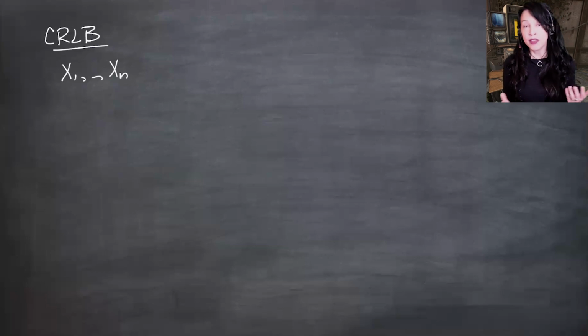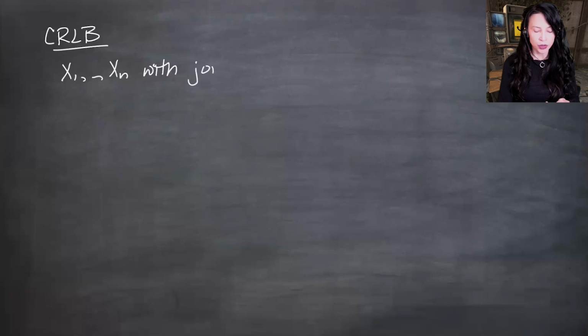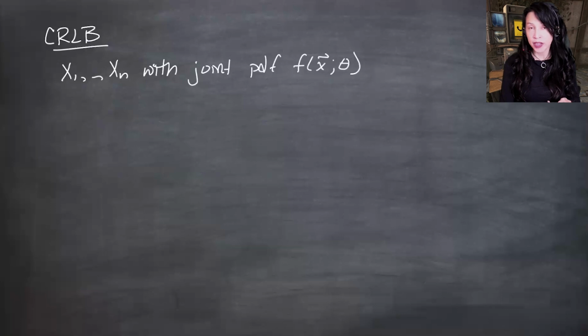So for the Cramér-Rao lower bound, we have X1 through Xn, and they could be IID, but more generally, they're assumed to have some joint PDF, f of a vector x and theta, which could be vector valued, but for what we're doing with the Cramér-Rao lower bound, we're going to keep it simple, and we're assuming that theta is one-dimensional.